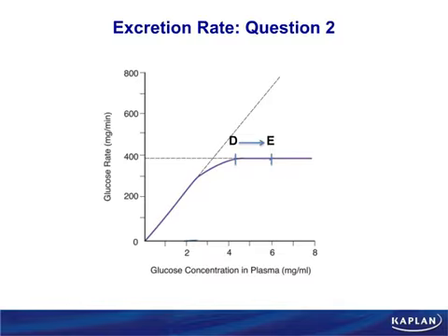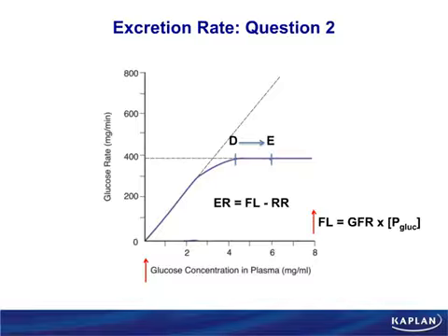Well, remember, excretion rate is equal to filtered load minus reabsorption rate. As you go from D to E, you have an increase in the plasma glucose concentration. The filtered load is equal to GFR times plasma glucose concentration. If the GFR is constant and you're increasing the plasma glucose concentration, the filtered load increases.